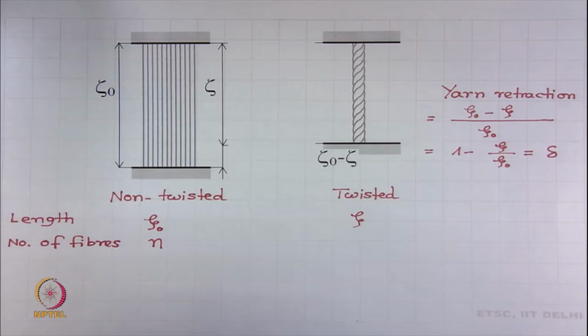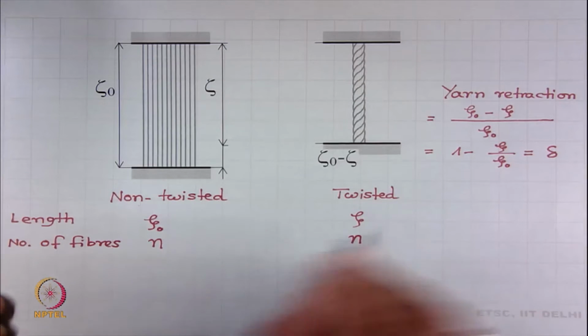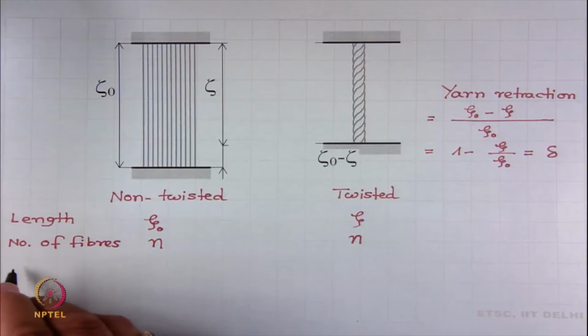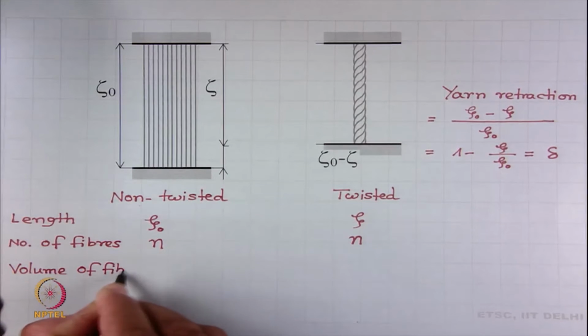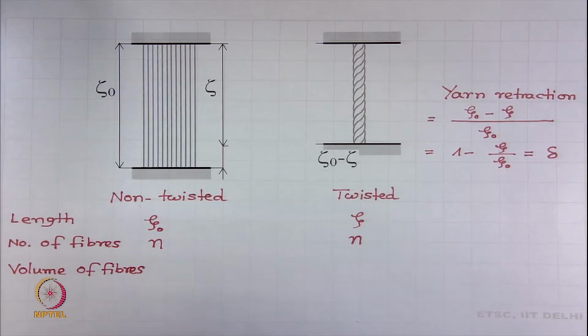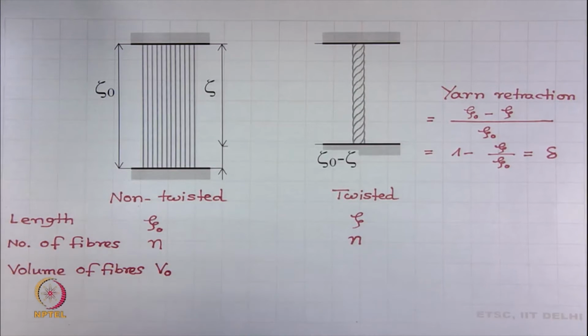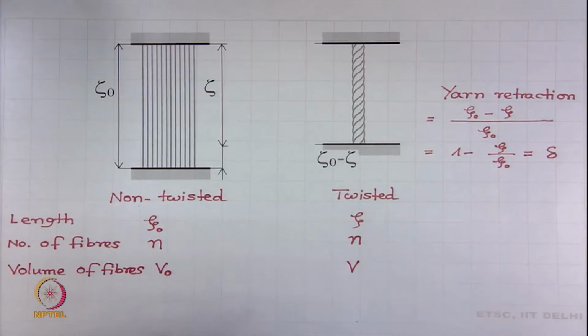After twist also there will be n fibres, because fibres cannot fly out of the yarn. Then the volume of fiber: suppose initially the volume was V naught and after twisting the fiber volume in yarn may change, may not change, we will see what will happen.